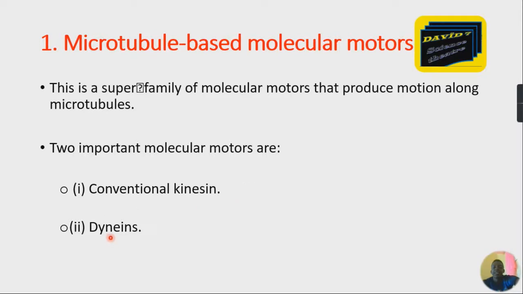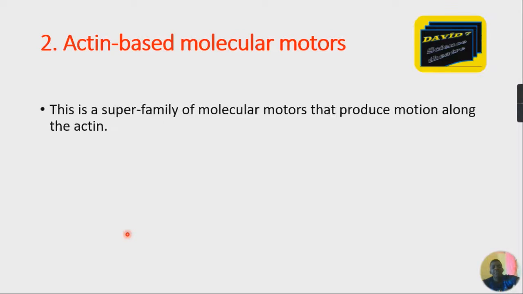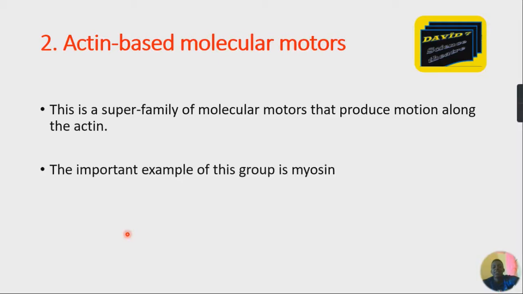Kinesin, dynein, okay? And we have actin-based molecular motors. This is a superfamily that produce motion along actin, okay? So molecules move along actin. And the important example of this kind is myosin. Myosin is an actin-based molecular motor.